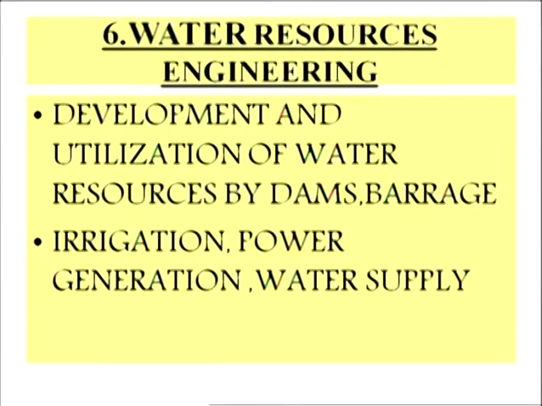When you construct a dam, there is a lot of potential to develop hydropower. Another purpose is water supply. This stored water will be very useful for supplying towns and villages, and it will solve the problem of drinking water availability.